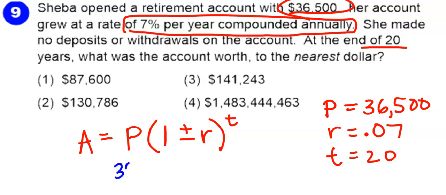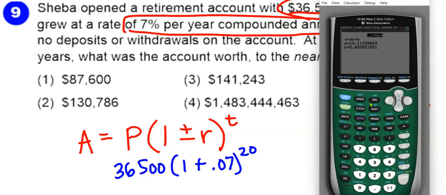Our principal is 36,500. Our growth is increasing, so we put a plus sign at 7%, and the length of time is 20 years. Now I can enter this into my graphing calculator on the main math screen.